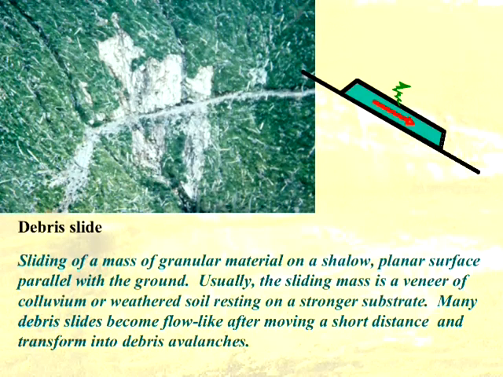Often debris slides develop from the characteristic stratigraphy, where you have a strong substrate forming a steep slope covered by a thin weathered material. In this example, we're looking at a granodiorite bedrock slope.